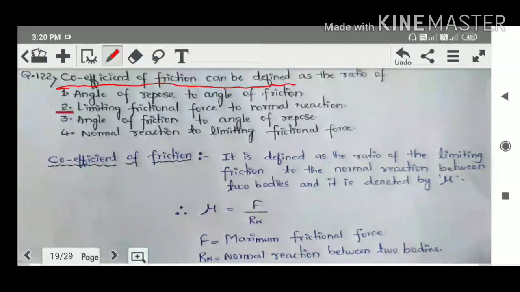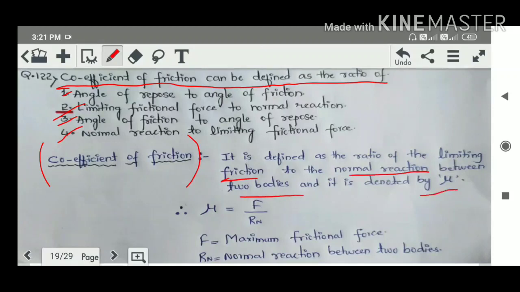Coefficient of friction can be defined as the ratio of, and the options are angle of repose to angle of friction, limiting friction force to normal reaction, angle of friction to angle of repose, normal reaction to limiting frictional force. Okay friends, here I have written the definition of coefficient of friction. It is defined as the ratio of limiting friction to the normal reaction between the two bodies, and it is denoted by mu.